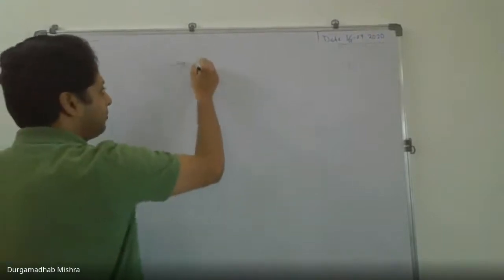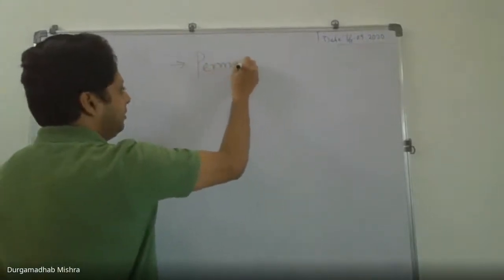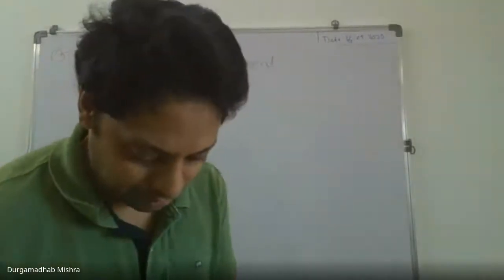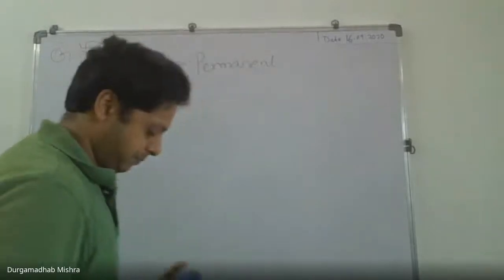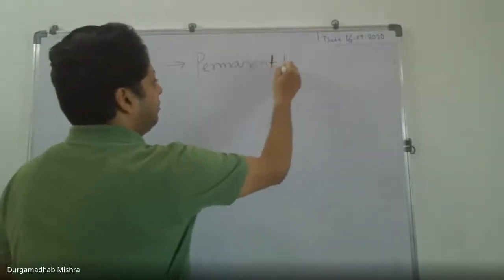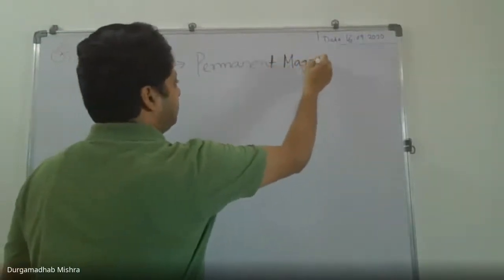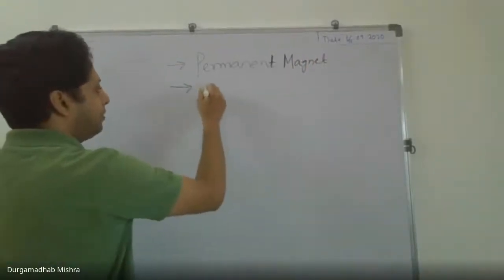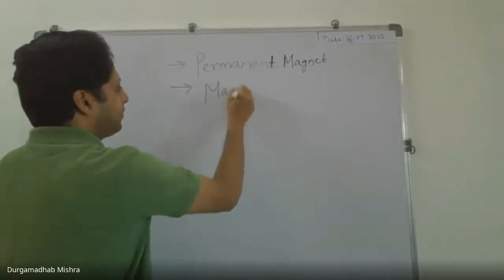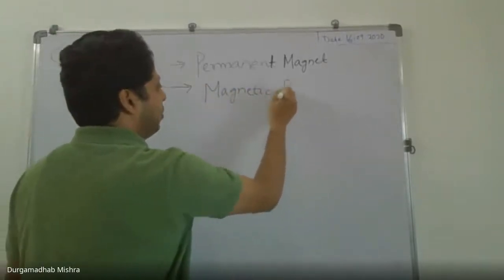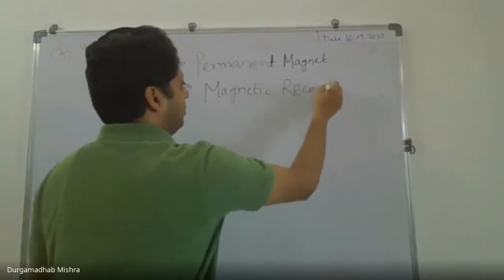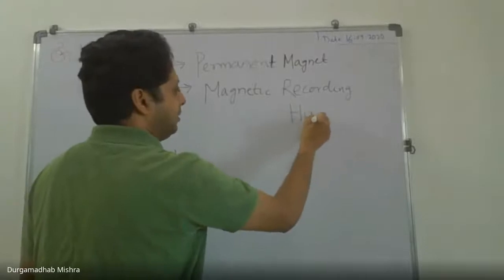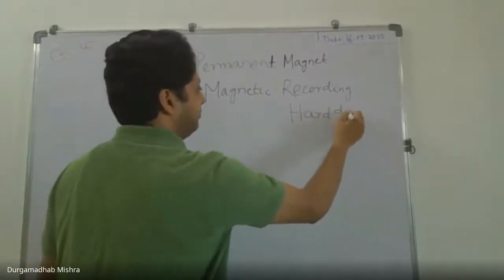One is permanent magnet, and the other one is magnetic recording, like what we have in a hard disk drive.